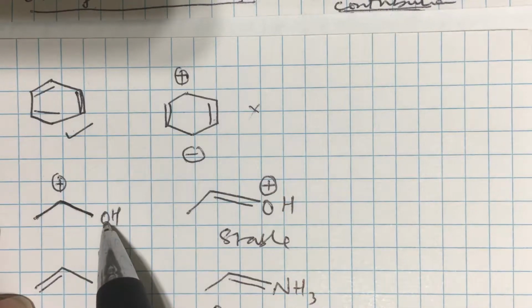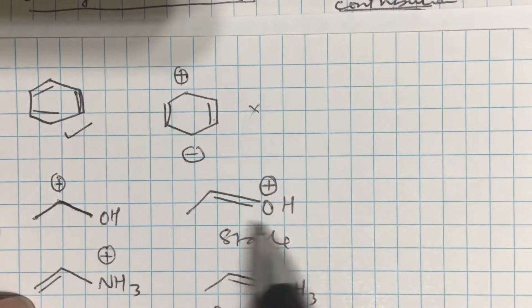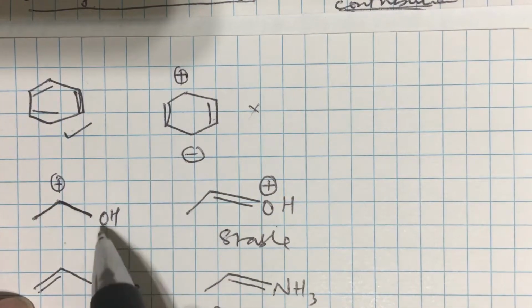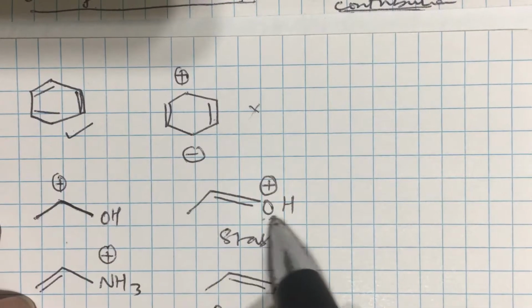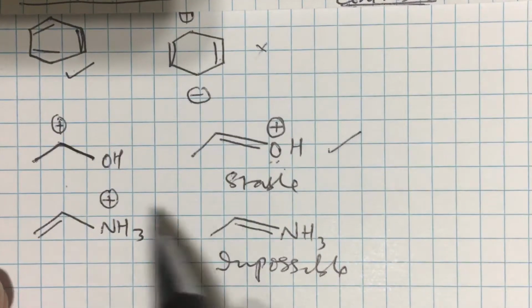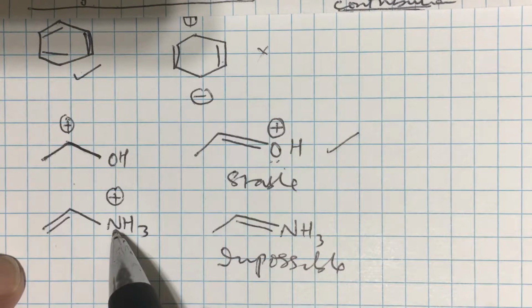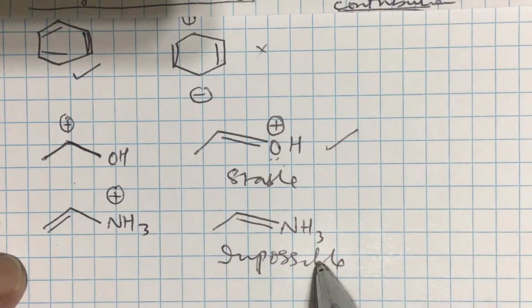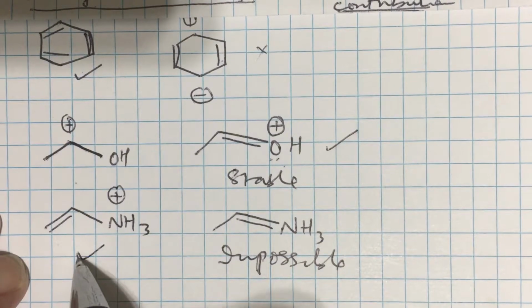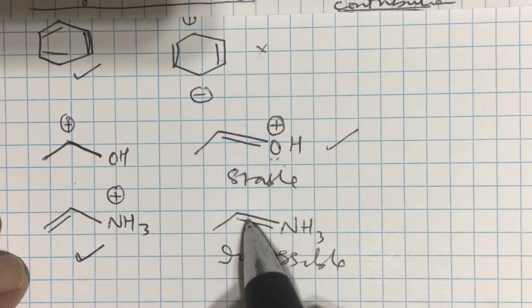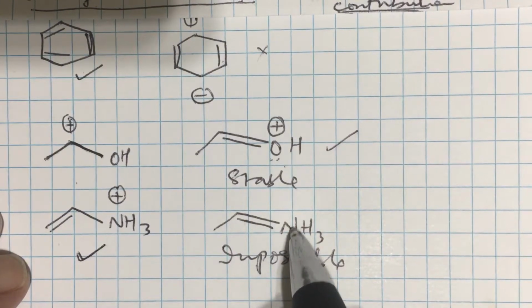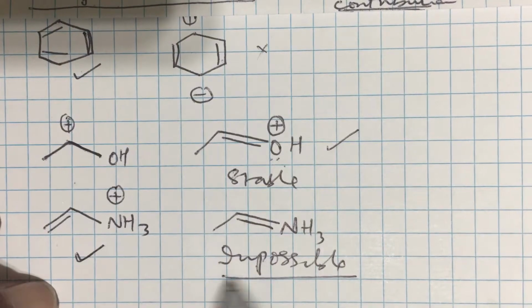For this carbocation, out of these two which is more stable? This is more stable because here every atom has an octet. For this, which is more stable? This is the only possible existing form. This is impossible because in this the nitrogen is getting 5 electron pairs, which is impossible.